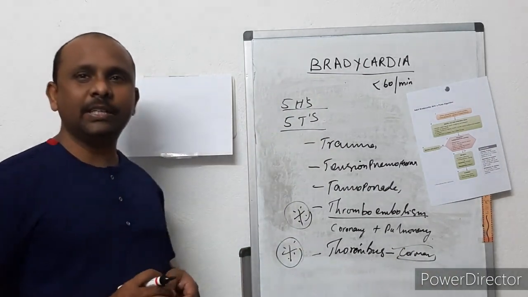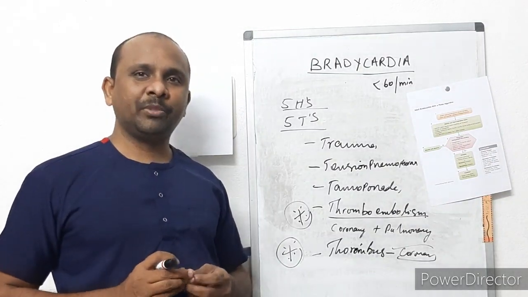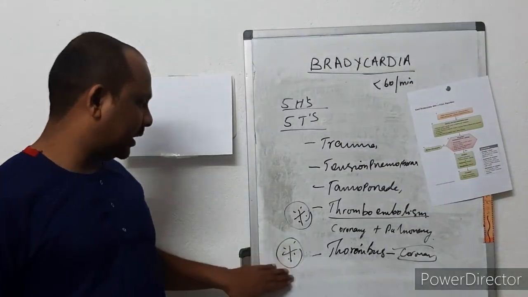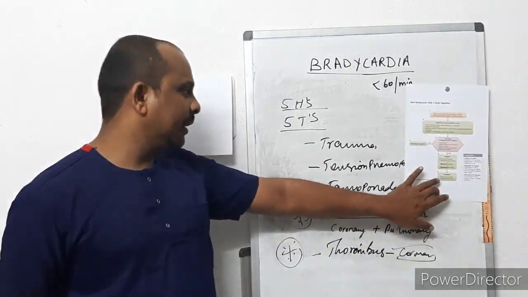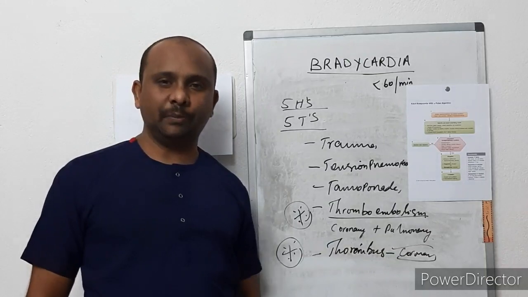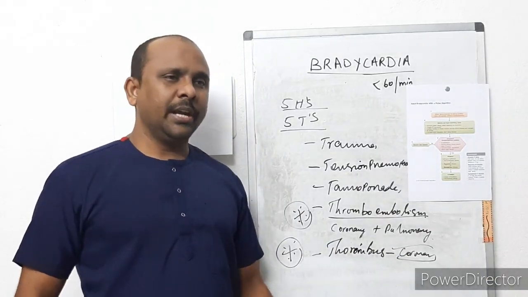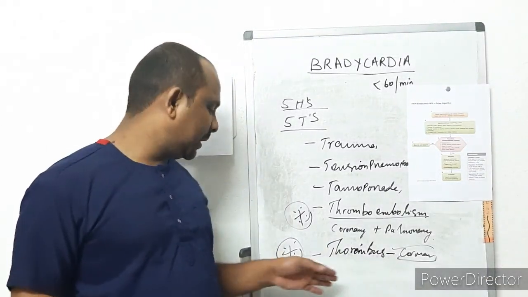More often in clinical settings, you will see this most of the time. Whenever a patient comes with inferior wall MI or posterior wall MI, they will have bradyarrhythmias. Most of the time, 80 to 85% of the cases come like this only.